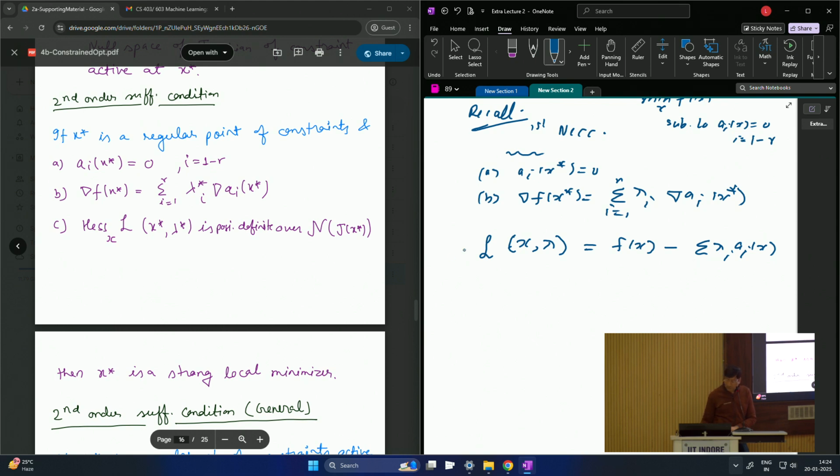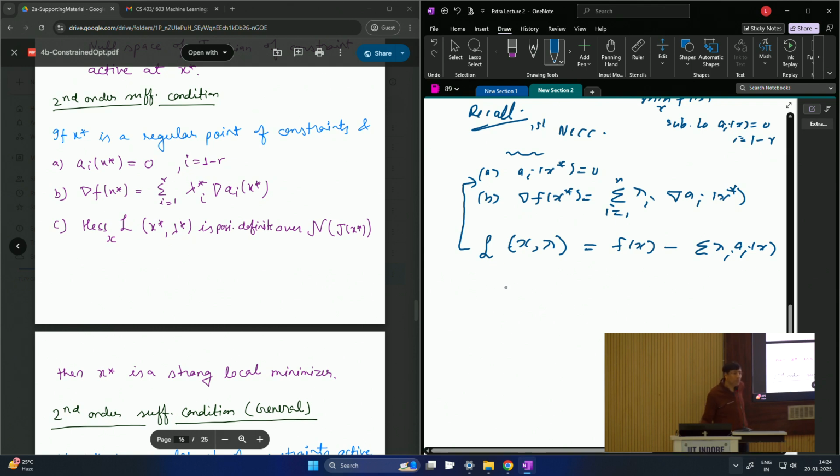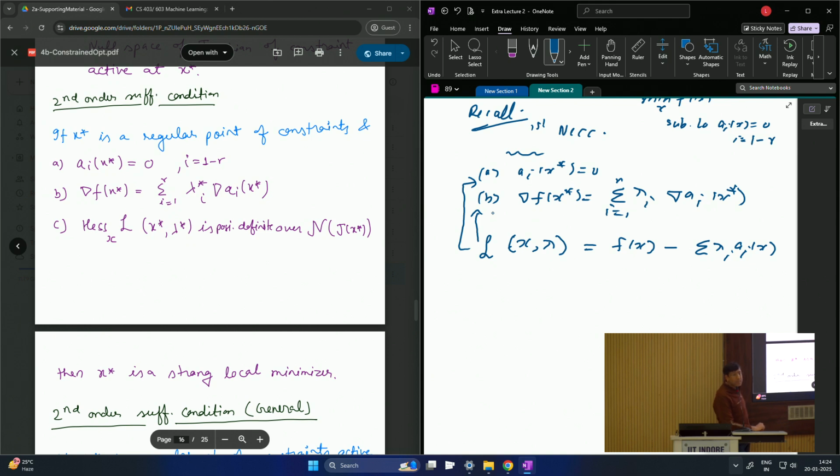Now if I have to write these conditions, what will I do to this? What kind of derivative should I take of the Lagrangian function to get the A condition? And what derivative should I take to get the B condition? Can somebody think with me? Correct.